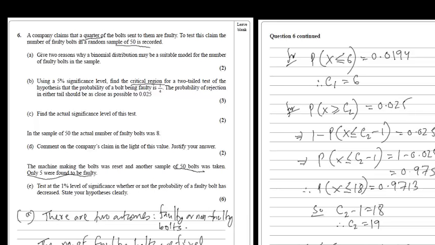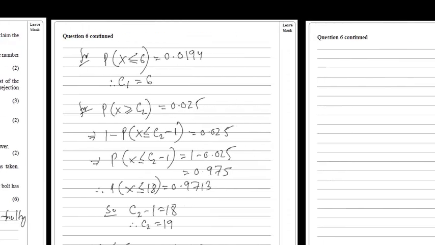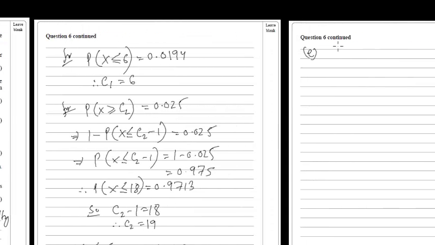The machine making the bolts was reset and another sample of 50 bolts was taken. Only 5 were found to be faulty. Remember, this is the random variable that is given. Test at the 1% level of significance whether or not the probability of a faulty bolt has decreased. State your hypotheses clearly. So we have to do the sum again, another hypothesis test. H naught is the same, 1/4.